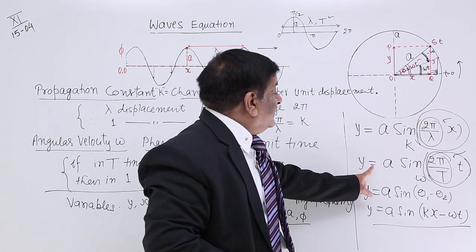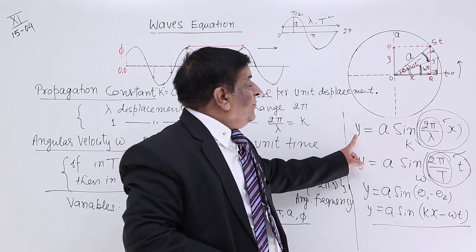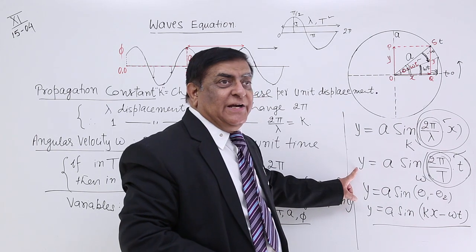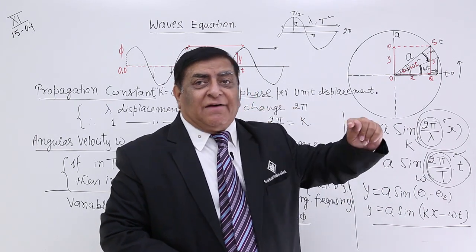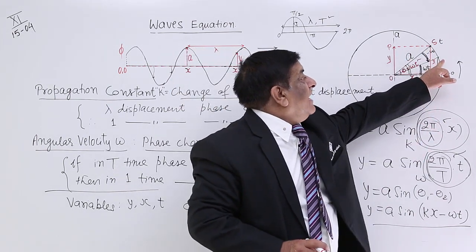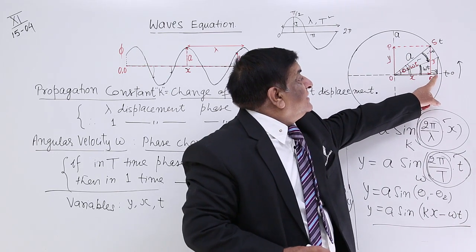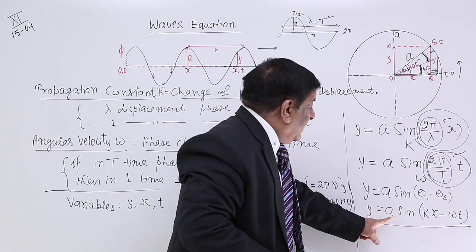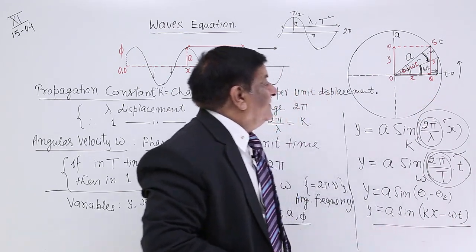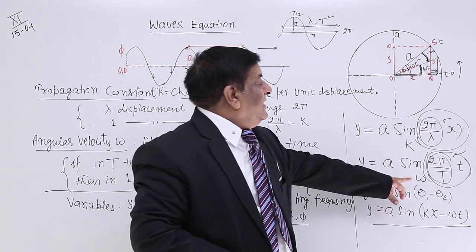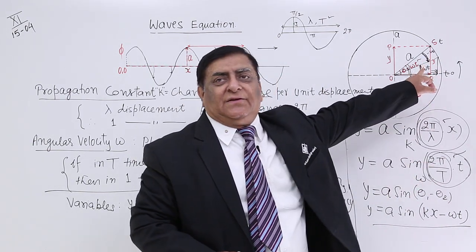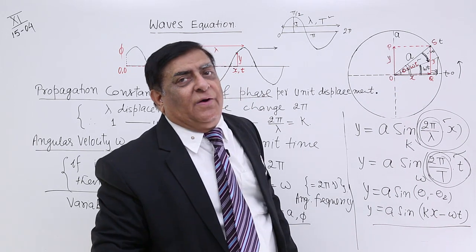So, this is the location of the point, but if the wave is traveling, in which direction? Positive direction of x, then this is the equation. And why we have done this minus, you have seen that. Now, we remember one thing.